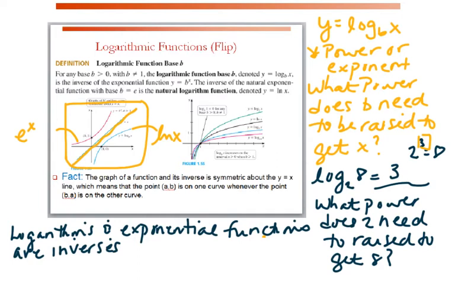It's hard to see. I'm not sure if you can see this on the video. But as b gets bigger and bigger, so here b is 2, b is e, b is 3, and b is 10, the function itself is going to get closer and closer to the x-axis.